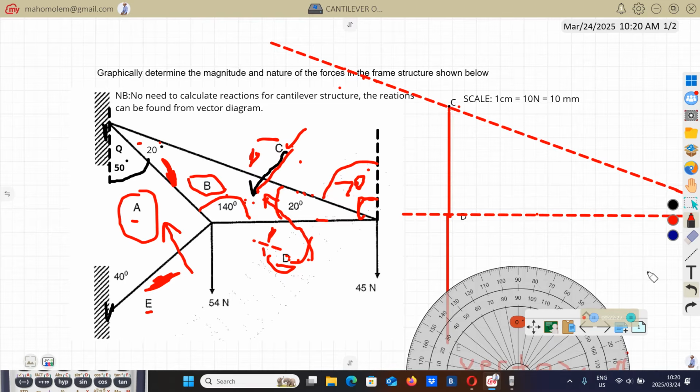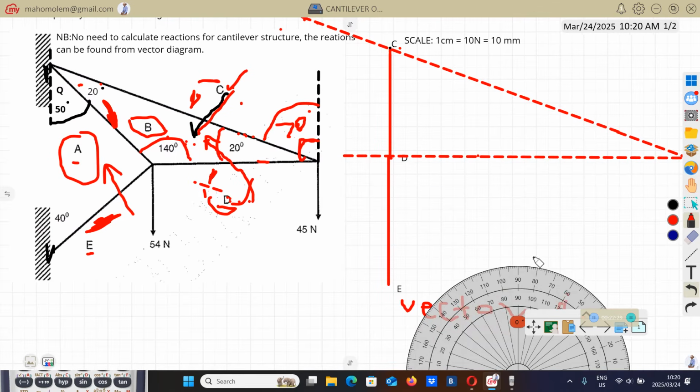Then I will go to E. Yes, E, I'm going to draw a line parallel to this, but that line must move at an angle of 40 degrees from vertical. Therefore, the angle that I'm going to measure here, I must measure it from this vertical line.